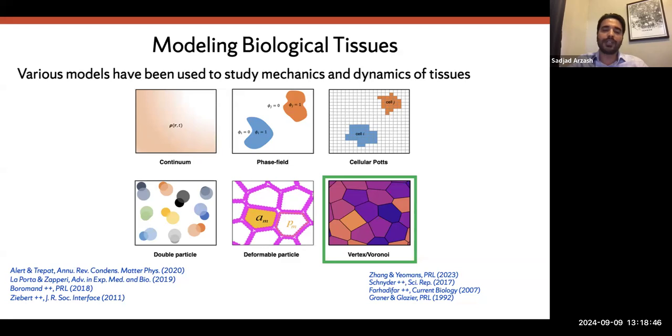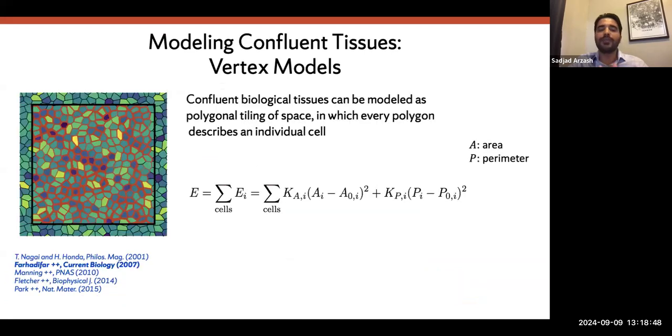In these vertex type models, we model every cell as a polygon with some number of vertices. And the elastic energy for this system has two main contributions: area elasticity and perimeter elasticity. With A being area and A0 the target area, as well as area stiffness, perimeter and target perimeter.